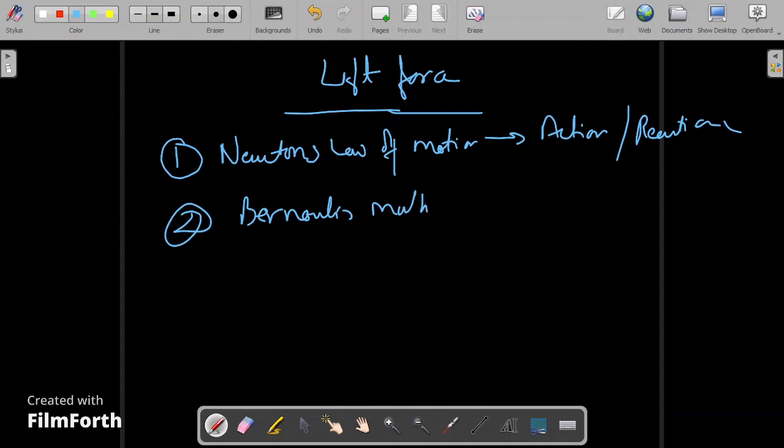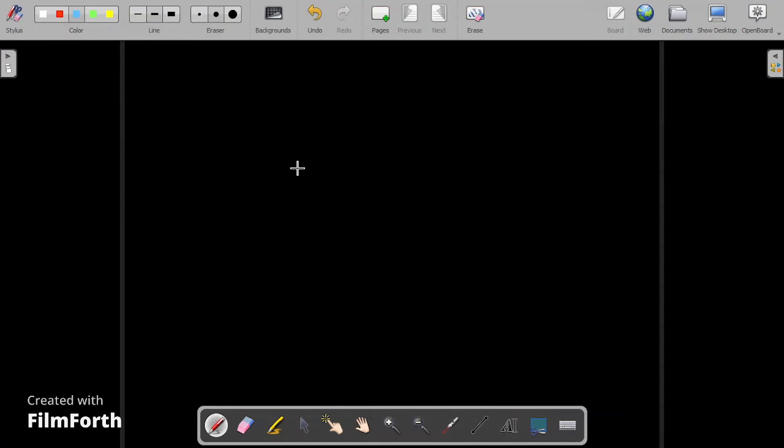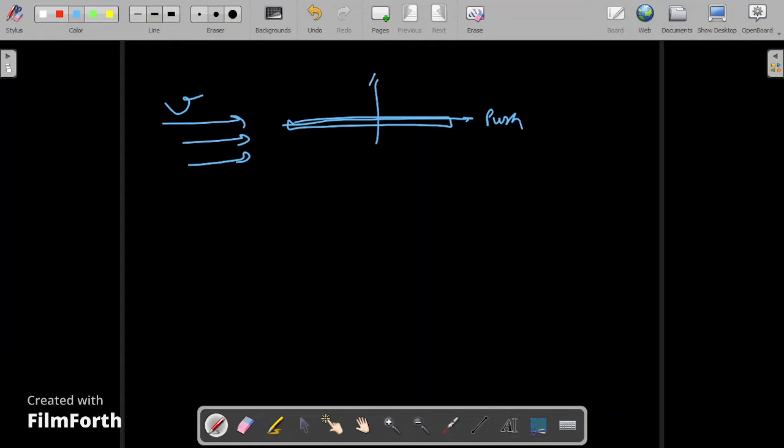In a very layman term, let's say there is a slab, and it is kept in a fluid which is moving at a velocity v. You can see because of this area you could have a little bit of push here. However, there is no force which will lift the slab.